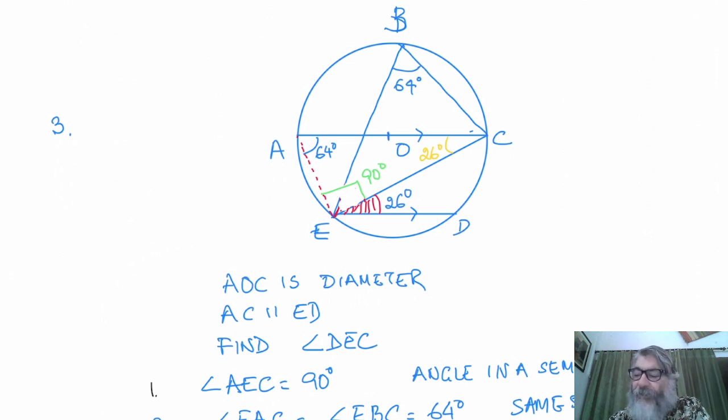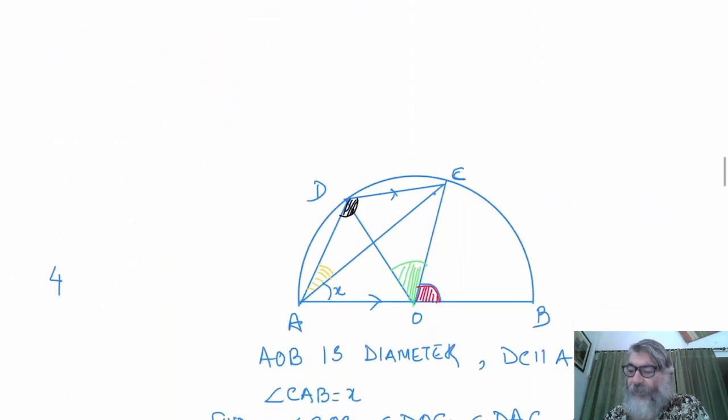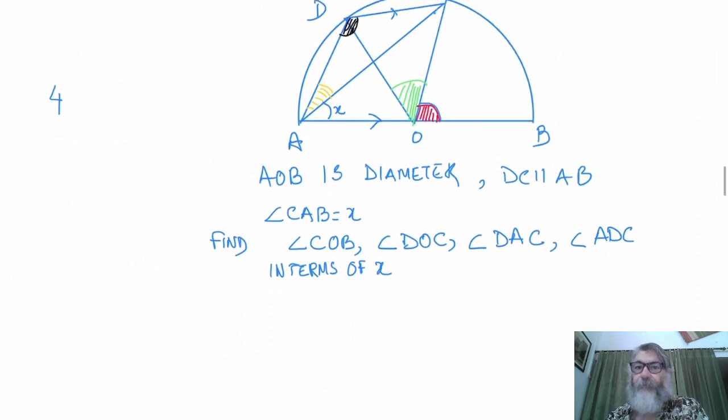Now one angle is 90, so I can calculate the third angle of triangle AEC. Two angles are known, 64 and 90. The third angle will be 90 minus 64, that will be 26, and so the alternate angle will give you 26. This is the third. Now let us see the fourth.